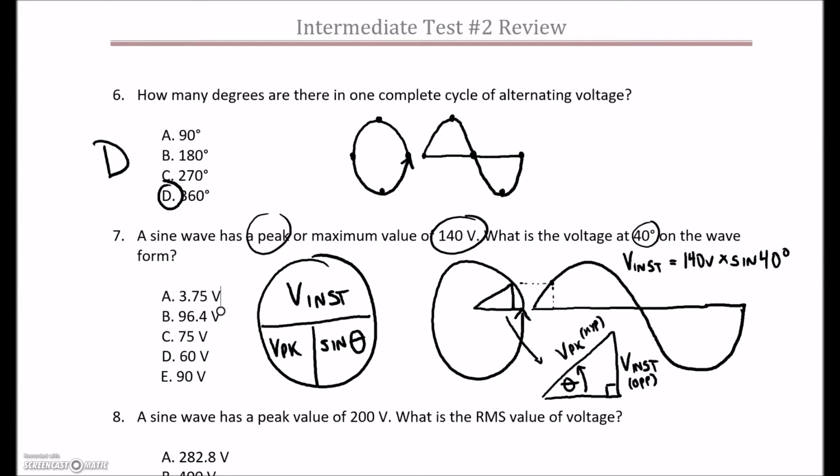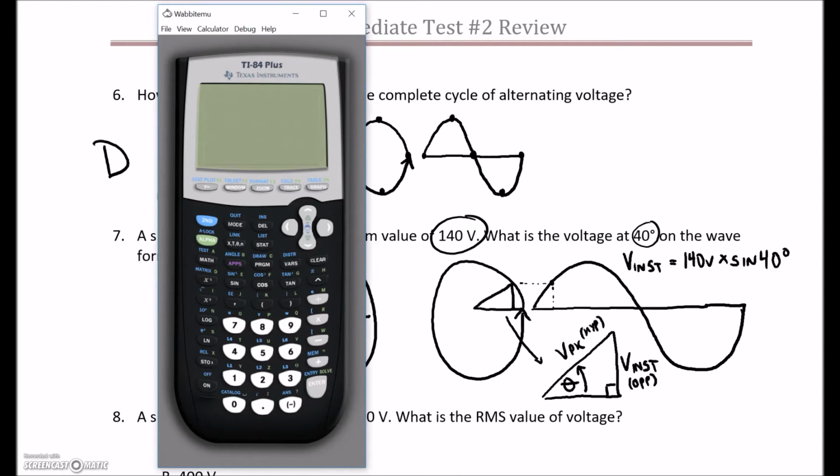Okay, so let's bring up our calculator. We've got 140 volts times the sine of 40 degrees, close brackets, and that gives us 89.99 volts instantaneous.